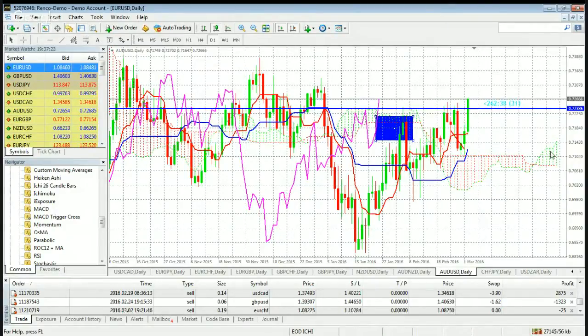Good future Kumo pointing up nicely. Tenkan and Kijun pointing up nicely, both above the cloud. Price above the cloud. Chikou in open space. Just waiting for confirmation on this one as well. So this one looks to be a very nice buy signal that's going to come up. Just keep an eye on that one, and let's see what this is going to produce tomorrow. We should be getting into that one.